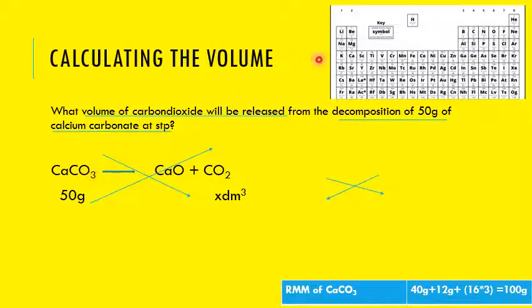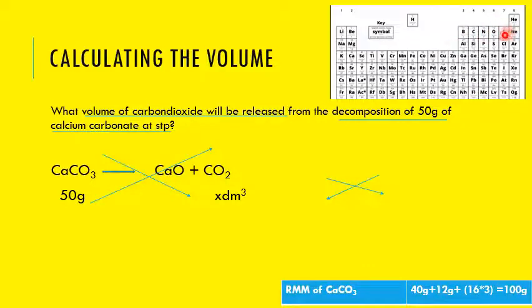So what's the mass of calcium? The mass of calcium is group 2, the top number, that would be 40. And then we're going to add that with the mass of carbon, which is 12. And we're going to add that with the mass of oxygen.